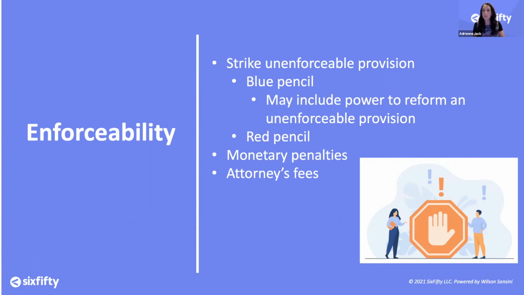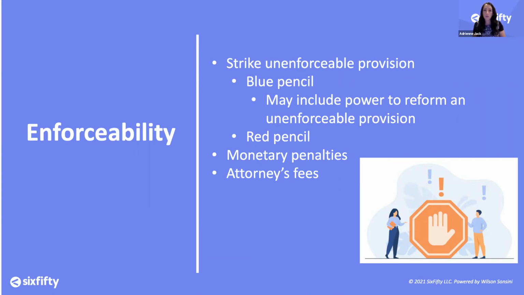Red pencil is when a court will not enforce any part of a restrictive covenant if any part of that covenant is unenforceable. As far as enforcing restrictive covenants, this is the worst case scenario because the entire provision is thrown out and not enforced against the employee. Only a handful of jurisdictions use this approach, but the outcome can be severe.